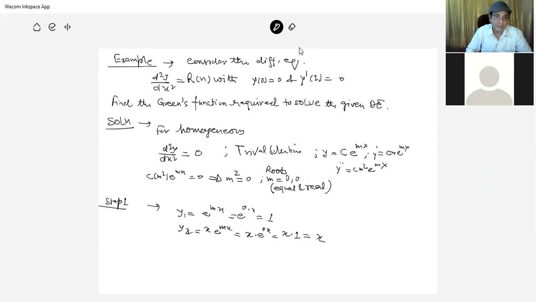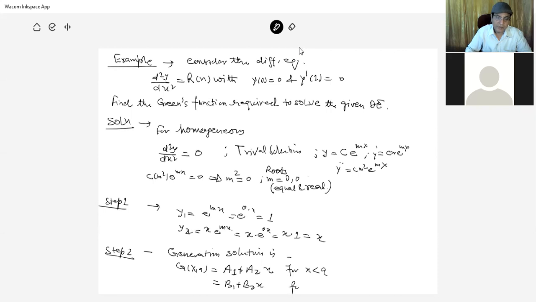So generally, step 2 is the general solution. General solution is g of x, a is equal to a1 plus a2 x for x is less than a, and this is b1 plus b2x for x is greater than a.